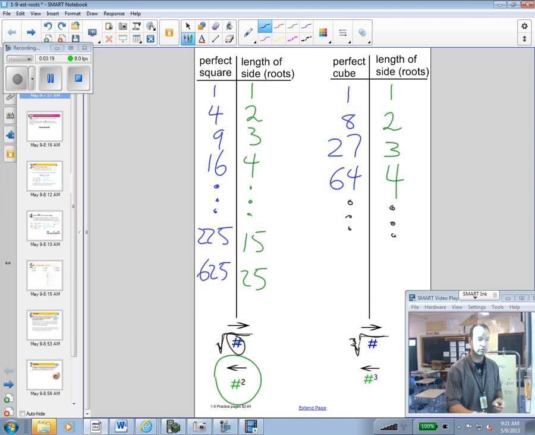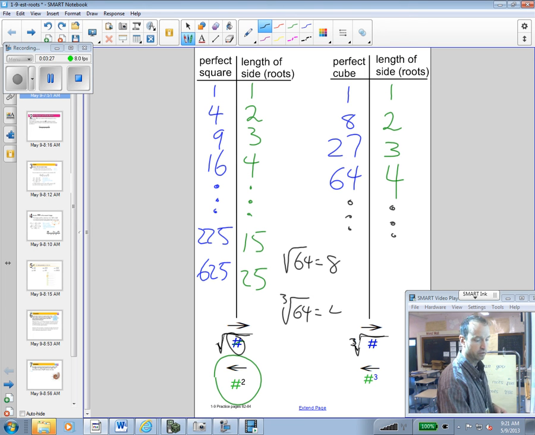So like the square root of 64 equals 8, the cube root of 64 equals 4. 8 times 8 is 64. So if you had an area of 64, the side of the square would be 8. If you had a volume of 64 cubes, that would be 4 by 4 by 4. 4 times 4 is 16, times 4 is 64.